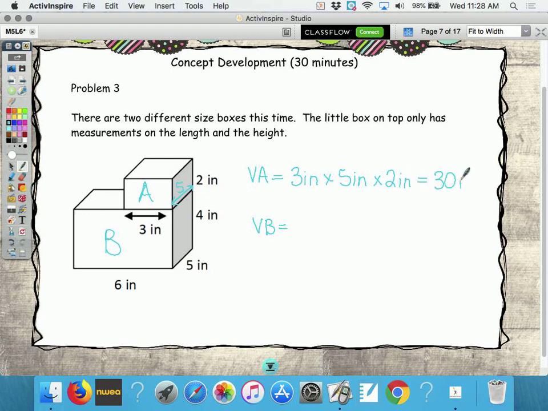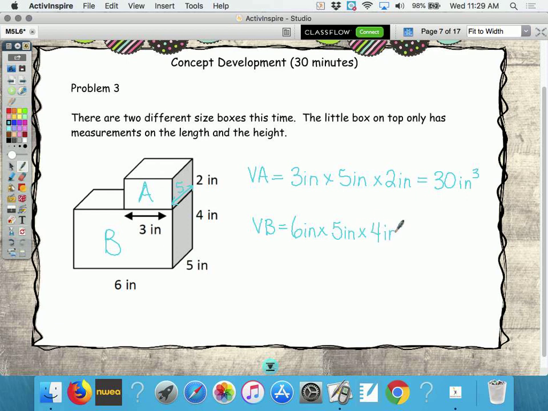Good. That was hard for me to remember what you said, but I did it. Okay. Get B written down in case I pull your stick, okay? So for me, tell me what to write for the volume of B. 6 inches times 5 inches times 4 inches.